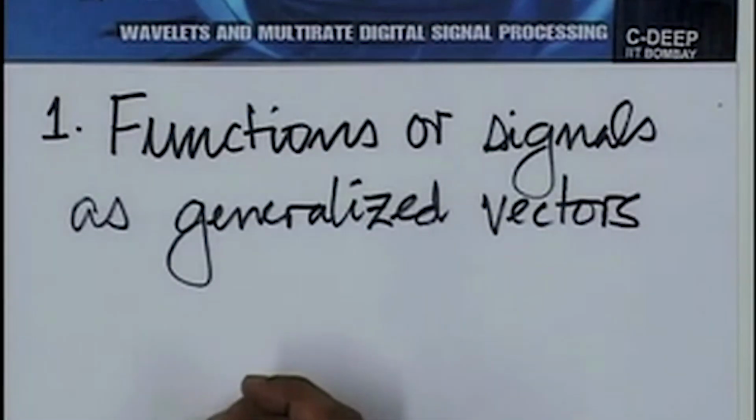This idea is going to be useful to us in many different contexts in this course. So, we need to understand this connection between functions or signals and vectors in depth. We shall spend some time on it today.